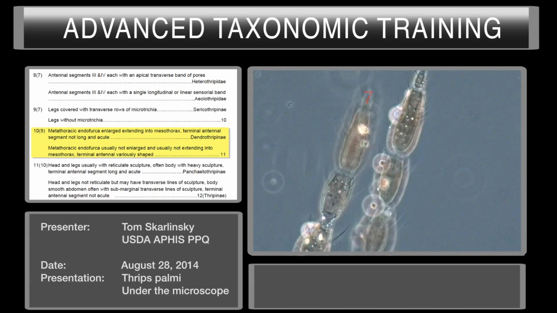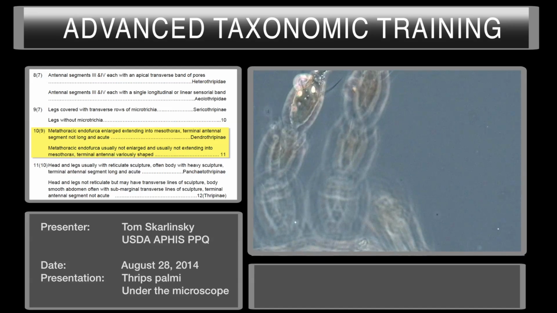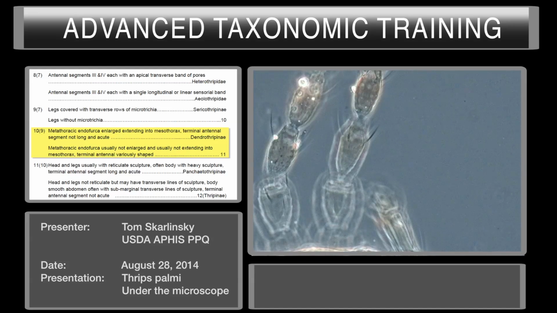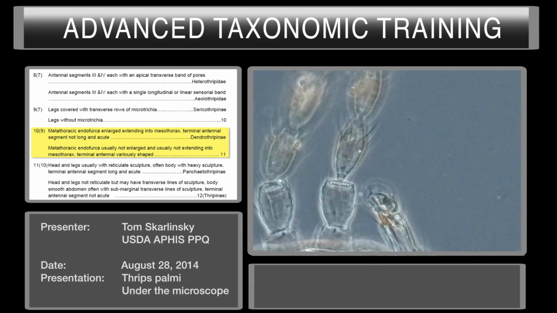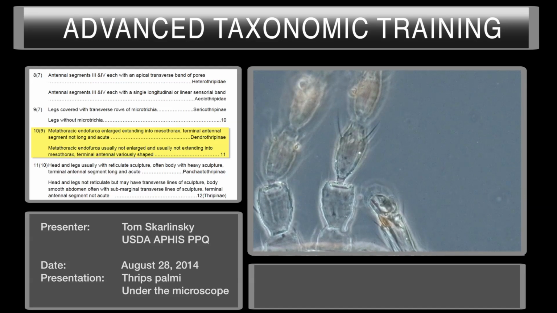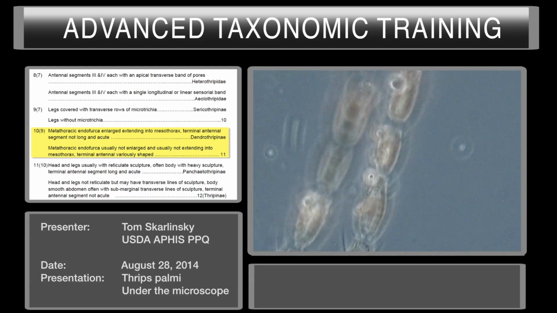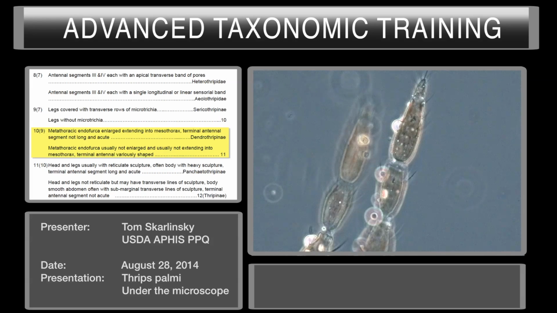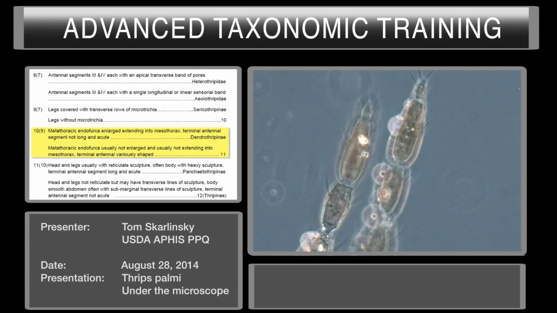Another thing with thrips, sometimes there's incomplete development or something happens, and one antenna may have more segments or fewer segments than the other one.